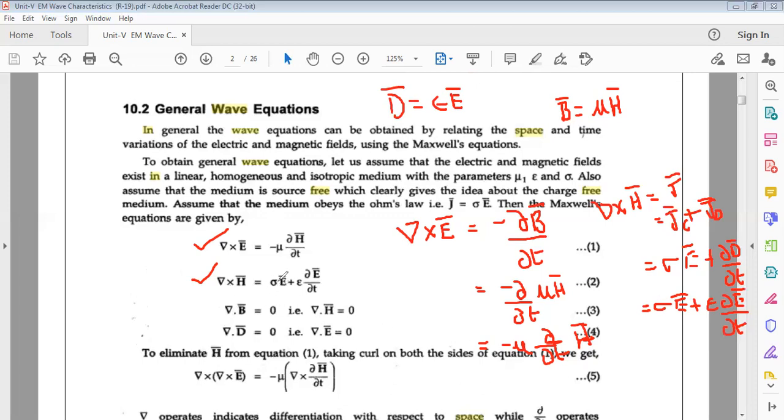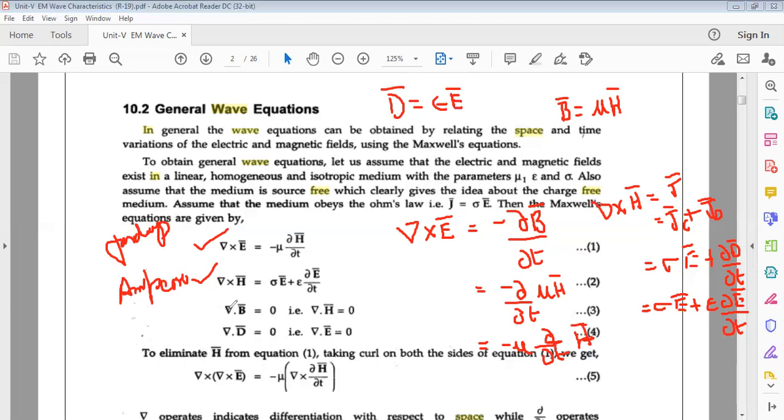So del cross H bar is equal to sigma into E bar plus epsilon into dou E bar by dou T. These are the two Maxwell's equations, from Faraday's law and Ampere's law.